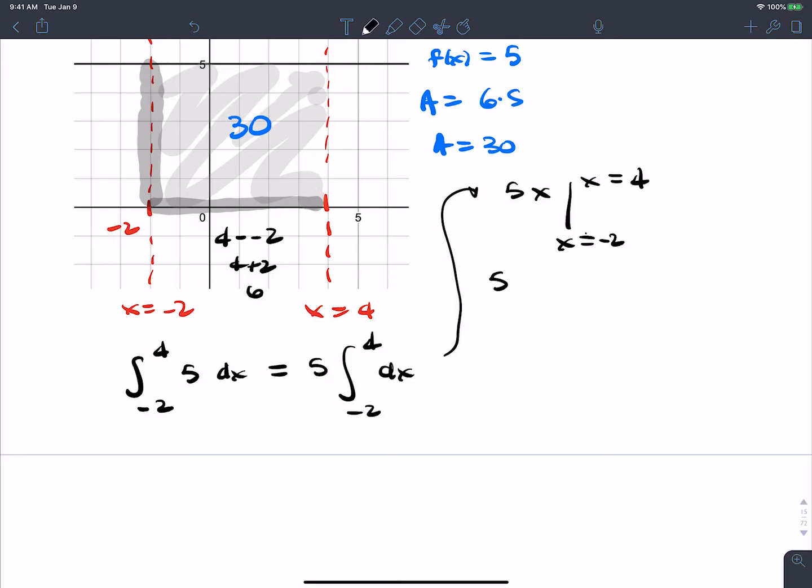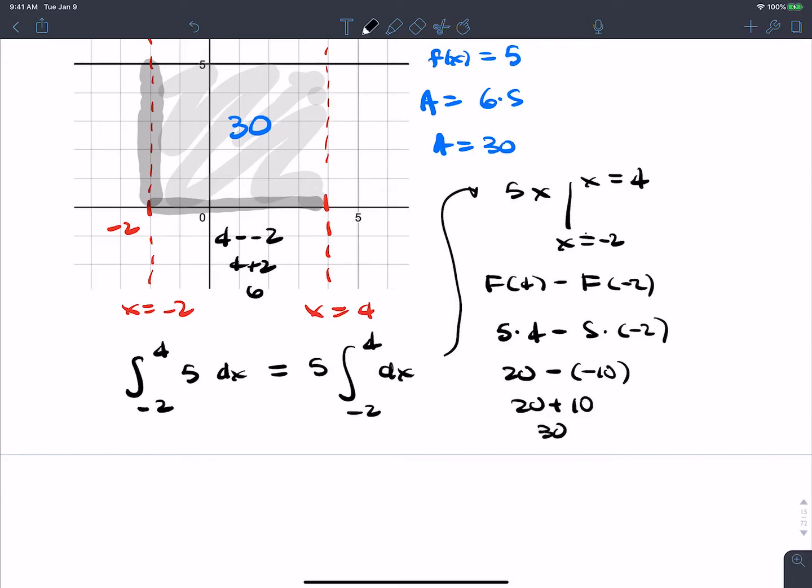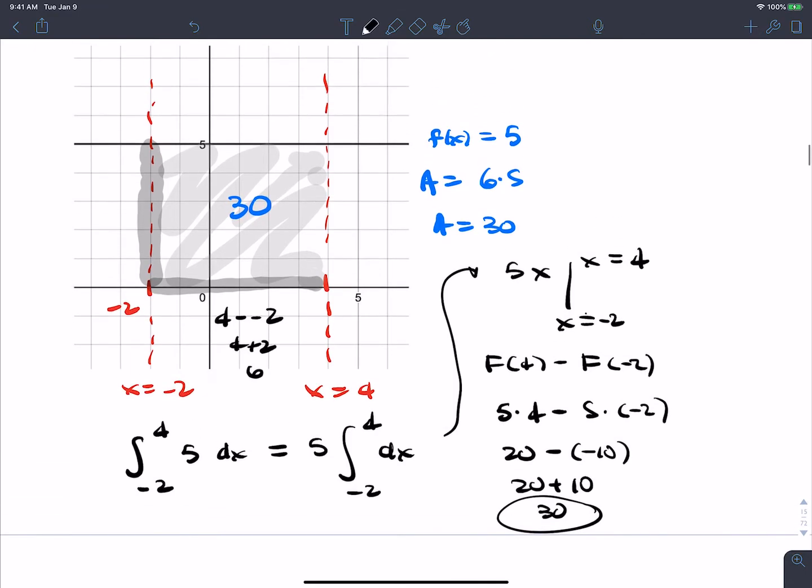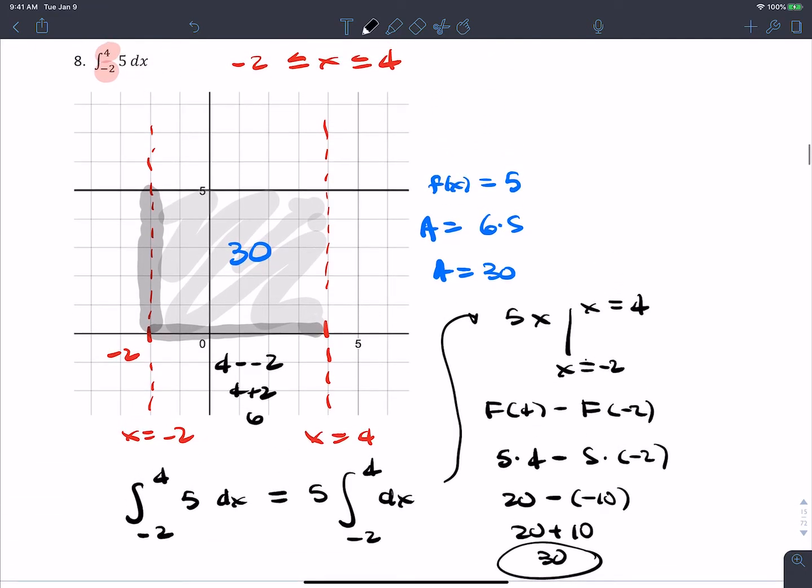So you got 5. Don't forget to, if you need to, write your f of 4 minus f of negative 2. So you're going to have 5 times 4 minus 5 times a negative 2. And 5 times 4 is going to be what? 20 minus a negative 10, or 20 plus 10, sure enough, gives us what? 30. So we can use calculus, we can use geometry, ladies and gentlemen.